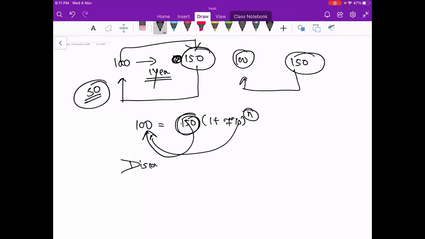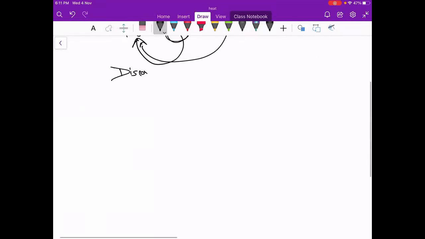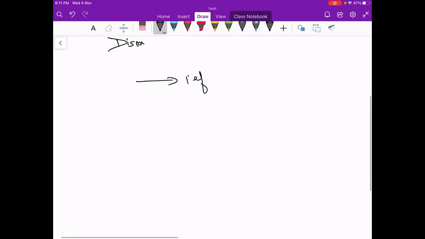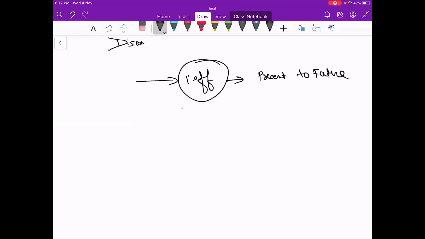It is just simple. When it is in the numerator, it is just like we are calculating I effective. I effective is used when you are going from present to future, and you are using discounted interest when you are going from future to present.